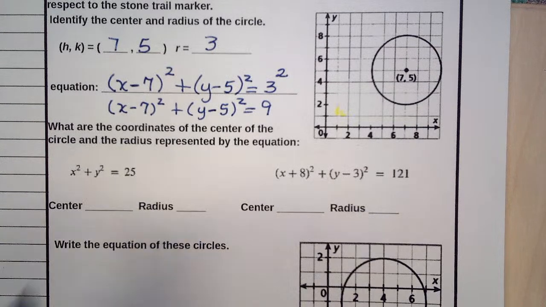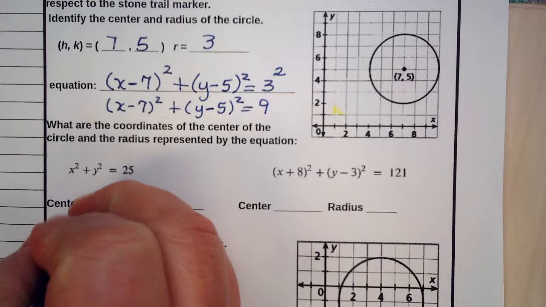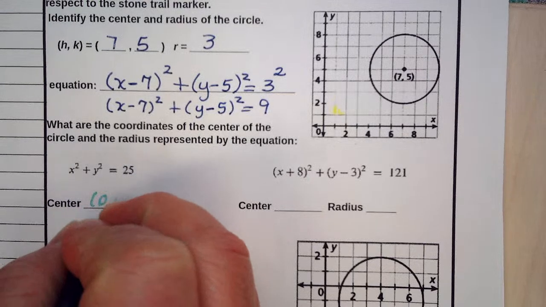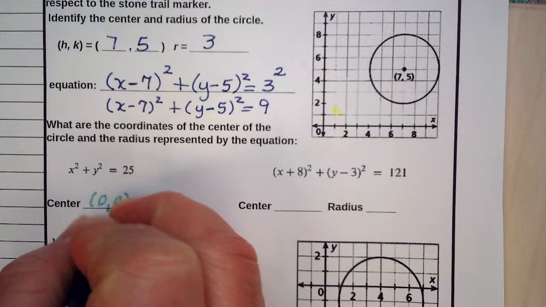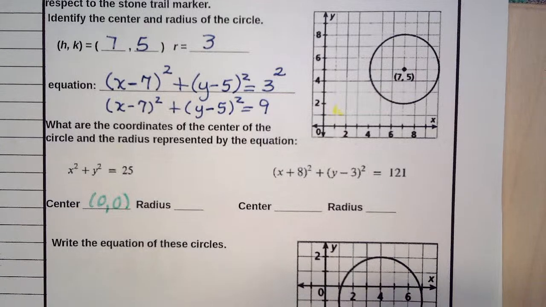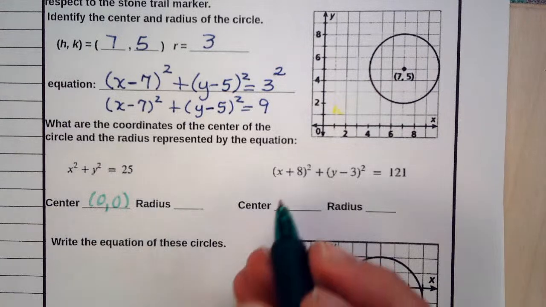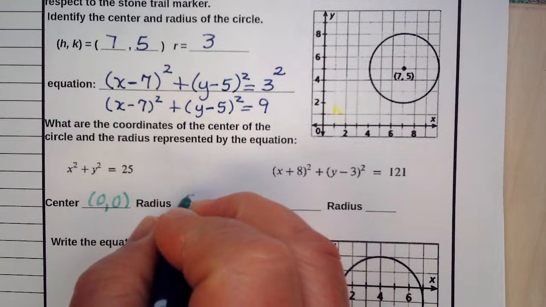Well, my center will be at the origin, which will be at the point (0, 0). My radius, this is my radius squared. What is the square root of 25? It would be 5.